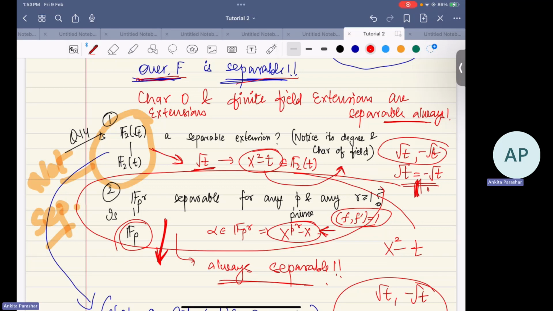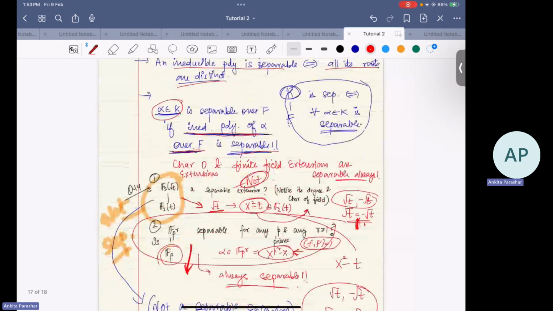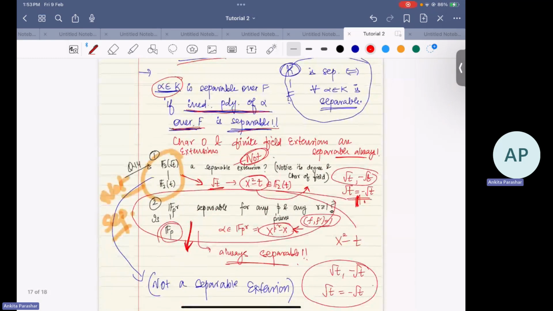Therefore, it is not a separable extension. Remember, this is not a separable extension. I think we'll stop here. The rest of the questions on separability we will maybe discuss more, because we have not discussed separability a lot. All right, so I think I will stop here. Thank you.